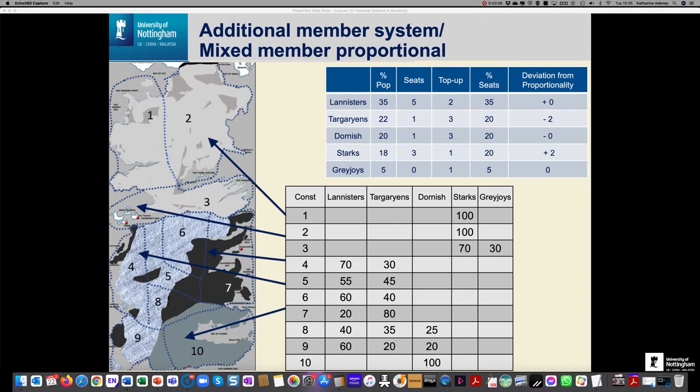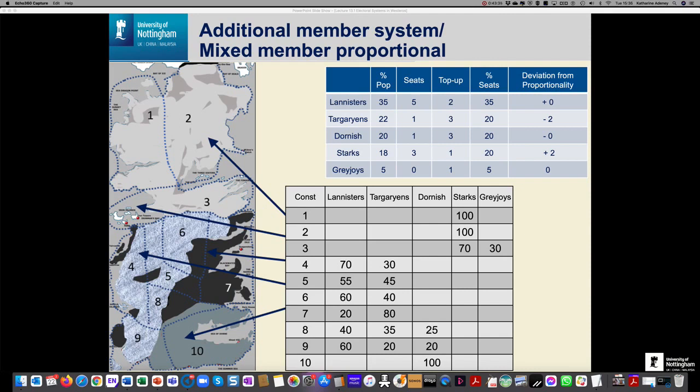But importantly, those party votes are used to top up the votes of a particular family or ethnic group or political party to make the outcome a lot more proportional. So once the constituency MPs have been decided, then the second ballots are counted. And the idea is to make the number of MPs for each party match how the country voted on the second ballot paper.